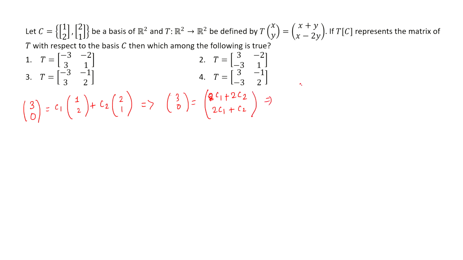So this implies C1 + 2C2 = 3 and 2C1 + C2 = 0.